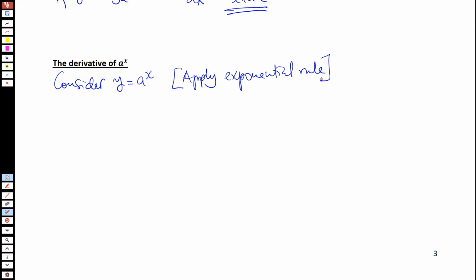The exponential rule, which should be in your formula booklets, lets us write this in terms of e to power something. So this can be written as y is equal to e to power ln a, all to power x. E to power ln a is the same as a, and this is what's called the exponential rule. So this can be written as e to the power of x ln a.